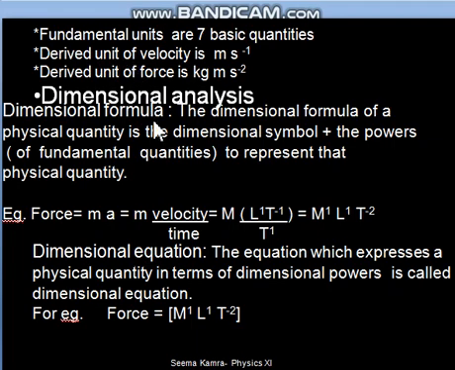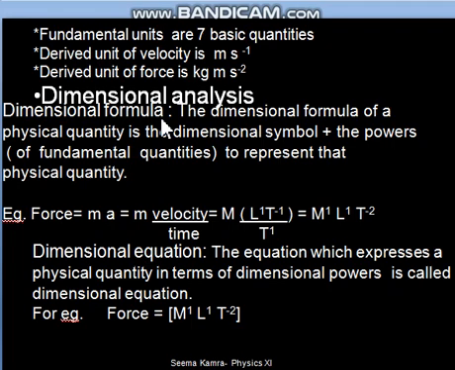What is dimensional formula? It is directly connected to the derived unit. What we have to do to get the dimensional formula: if any unit appears like meter, we have to replace it by capital L. In the same manner, if the unit is second, S, then in the dimensional formula we replace it with capital T. There are standard symbols allotted for each quantity.